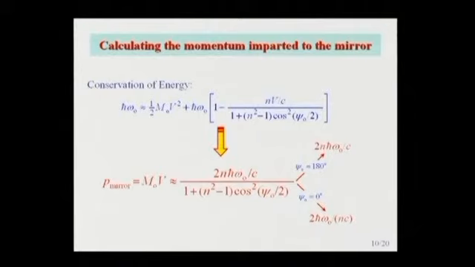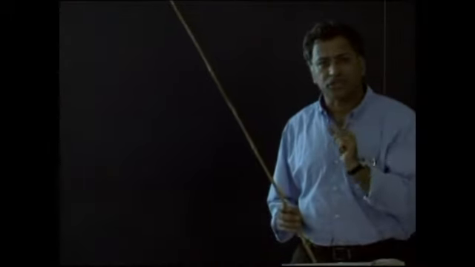The formula will give me this, 2n h bar omega over c. But if the phase is 0, then this cosine squared is equal to 1, and the formula gives me this. So depending on the phase, psi 0, I'm going to get either this much momentum or this much momentum. So either n times more than the momentum that I get in vacuum, or n times less than the momentum I get in vacuum. And all by changing the phase.